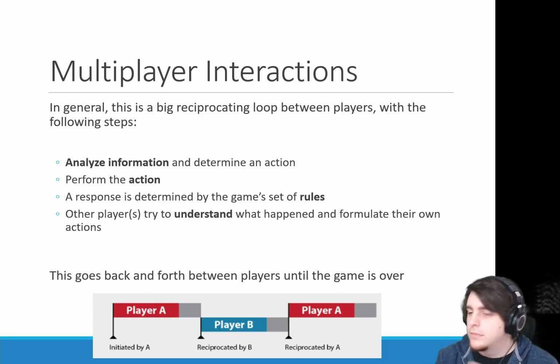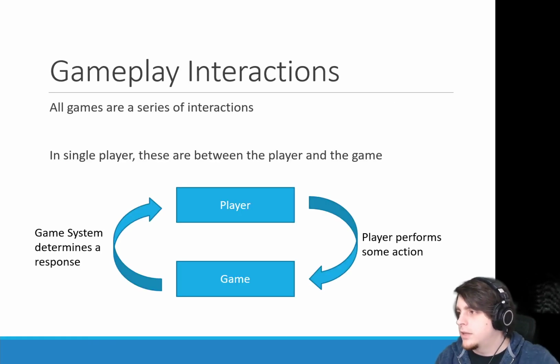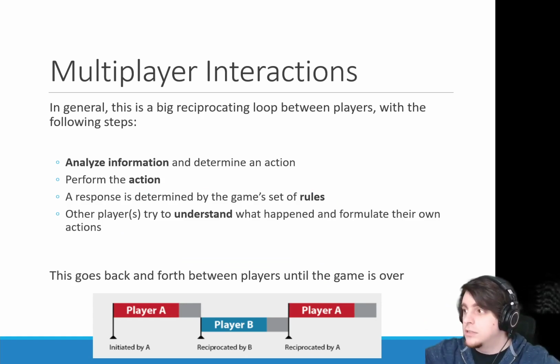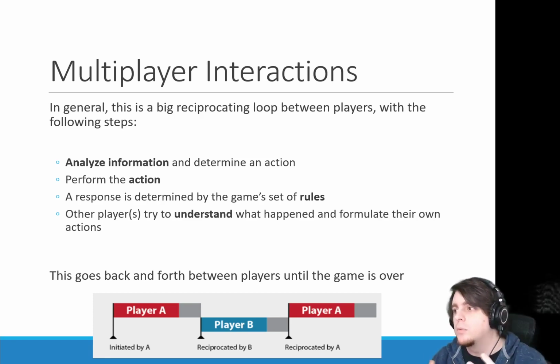The game, as shown back here, determines a response to what that action is. And the response is based upon how your feedback is set up, and largely based within the rule framework of your game, right? That's the bones of the whole structure. And then when you add other players in, other players would go to that analyzing step and say, okay, what has happened?